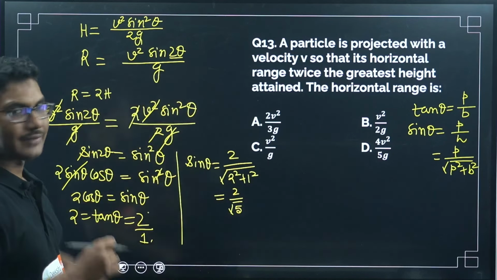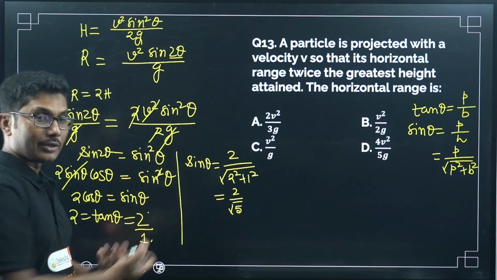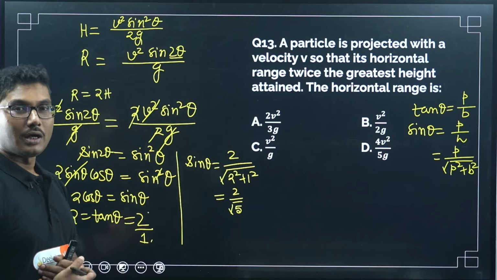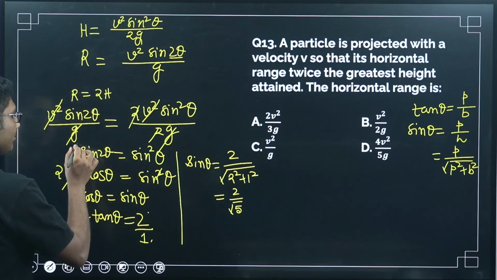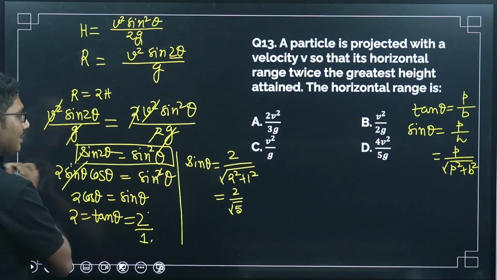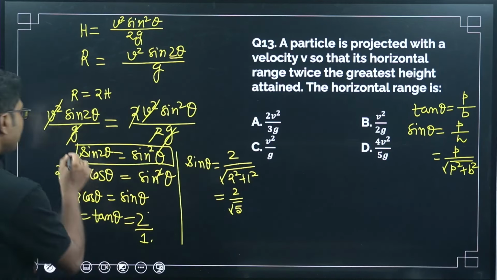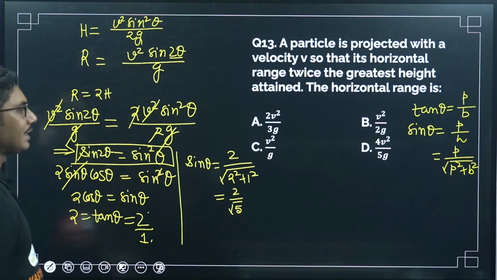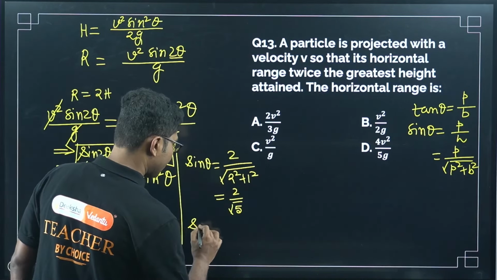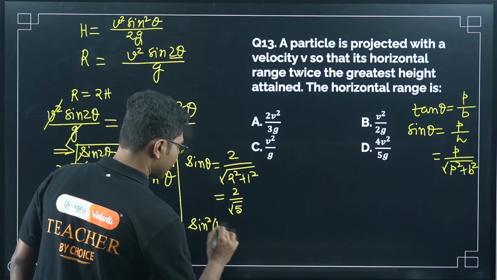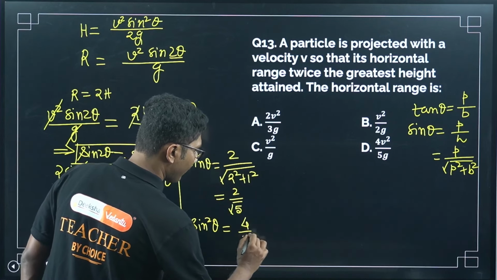Now sine theta we have calculated. Do we need to calculate cos theta again to find sine 2 theta? No, particularly for this problem, because we know that sine 2 theta is nothing but sine square theta, which we have already achieved while deriving this. So what is sine square theta? Sine square theta is 4 by 5.